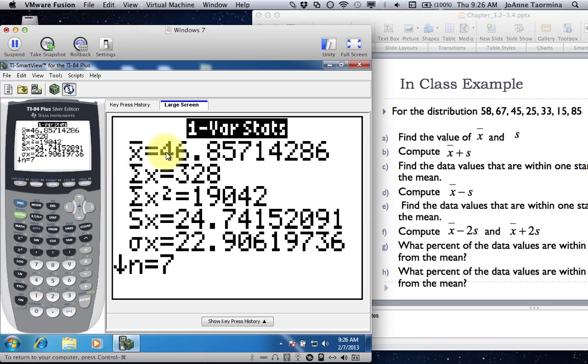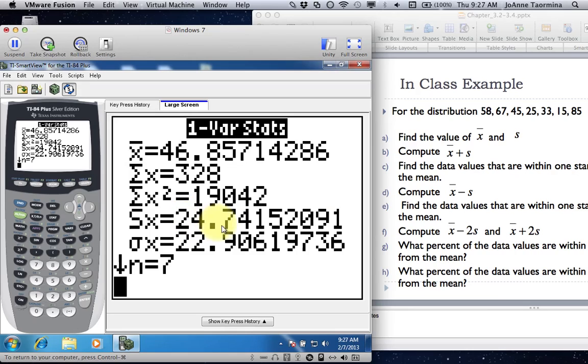Okay, let's take note of our mean, 48.8571. Let's round that mean to 46.86. And our sample standard deviation, because let's remember, the problem is asking us for s, the sample standard deviation, so we're going to ignore the line that says sigma x here.